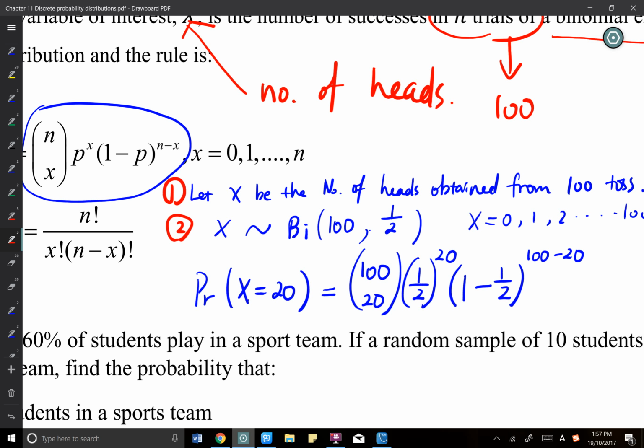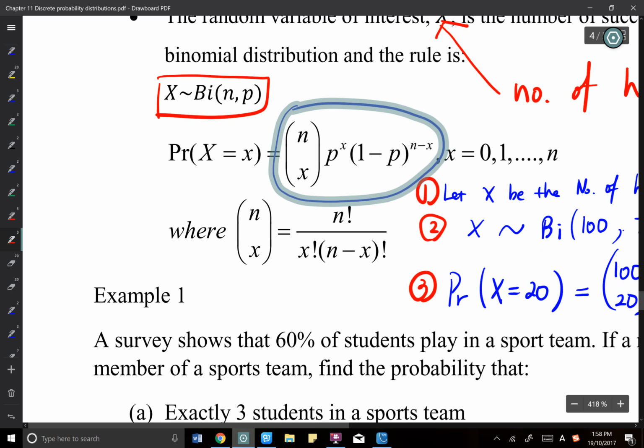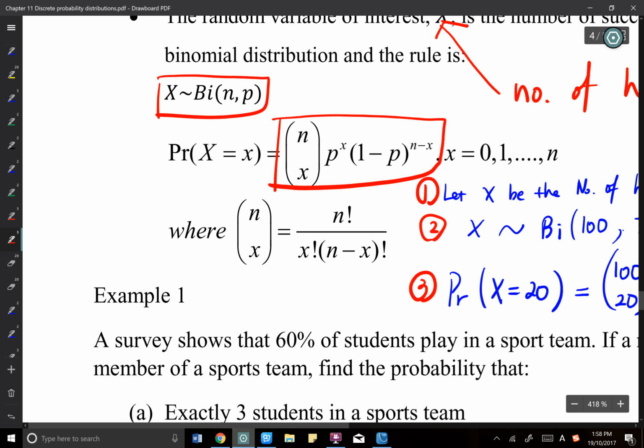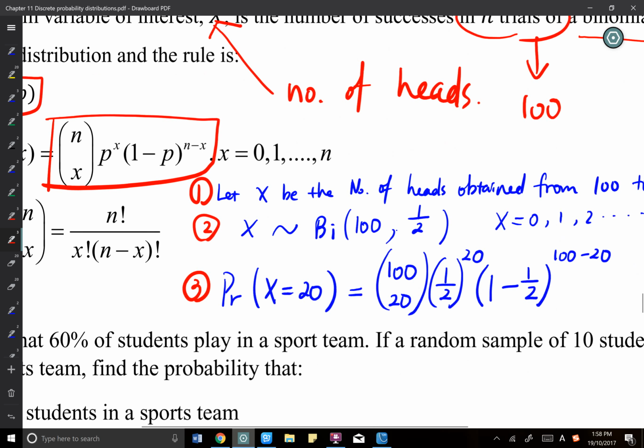X is binomial with two parameters, n and p. Number 3 is this formula. You need to remember this formula. If it follows a binomial distribution, you can find the probability for specific values you're interested in. That's number 3.